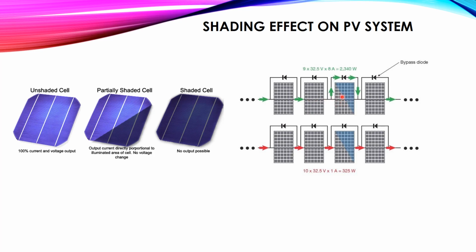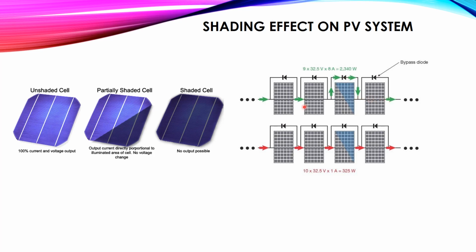So in order to cancel the effect of this panel, we will use the bypass diode. The bypass diode will allow the current to flow and bypass the panel, as if this panel does not exist, and provides a passage for the current. And then you will see that this panel is working okay, so the current will flow through it.